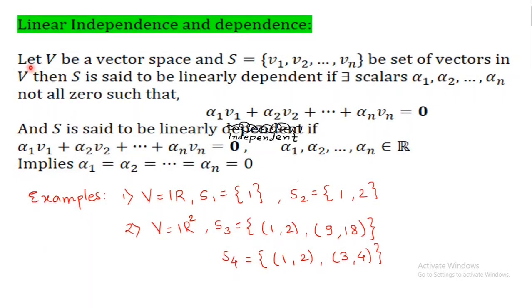Hello everyone. Today we are going to see the definition of linear independence and dependence with a few examples.